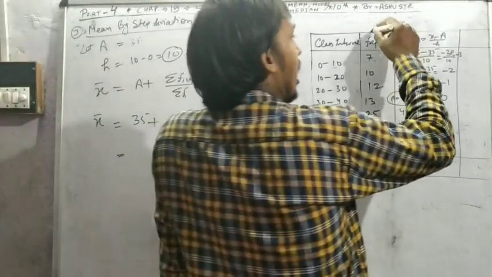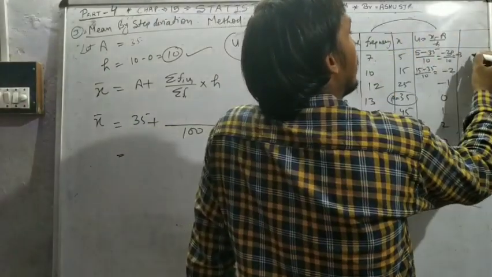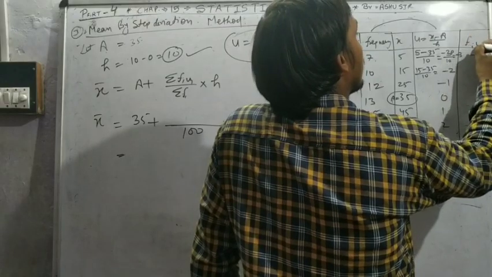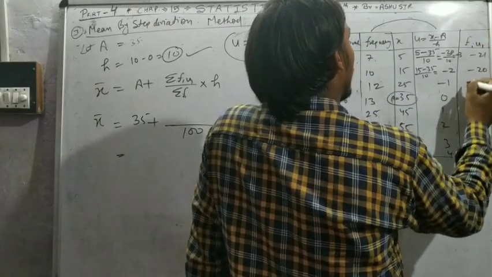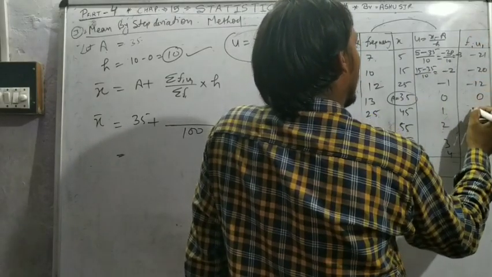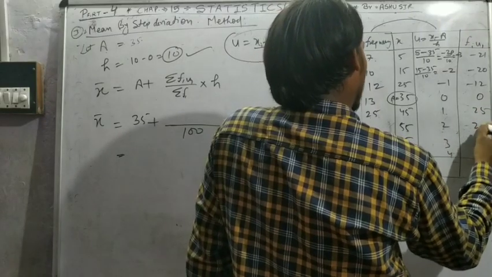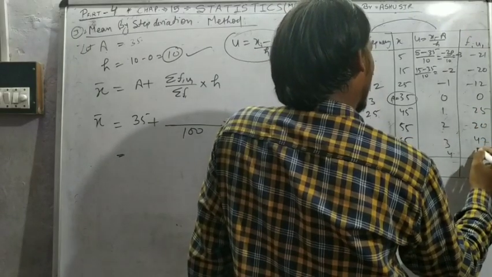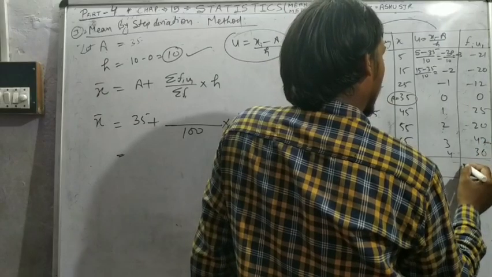Then find fu: minus 21, minus 20, minus 12, 25, 20, 42, 36.